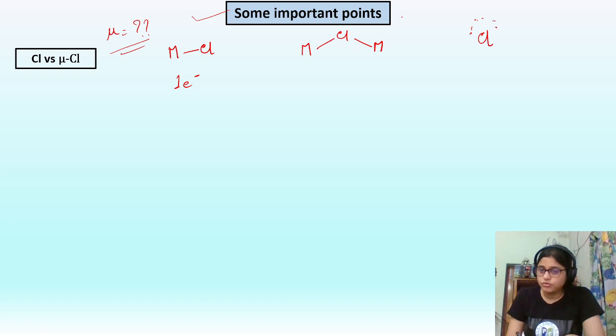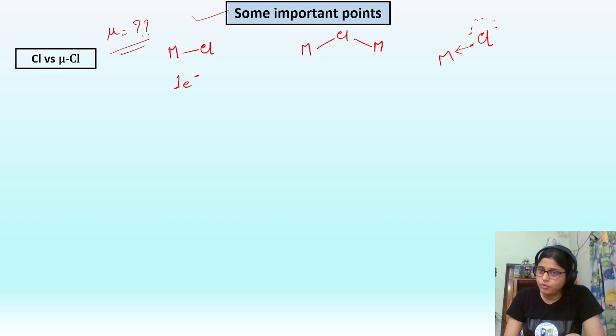You don't have to consider the negative or positive charge. So 1, 2, 3, 4, 5, 6, 7. 7 electrons Cl has. So let's say with one electron it makes a sigma bond. Okay. So it has its octet now fulfilled.